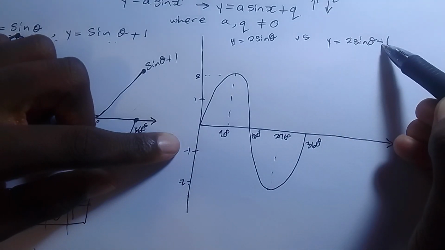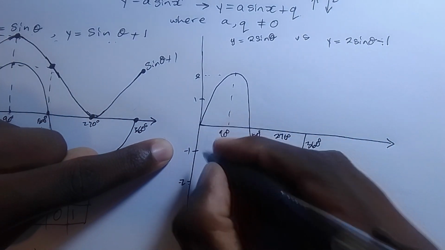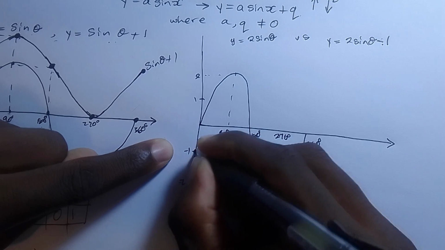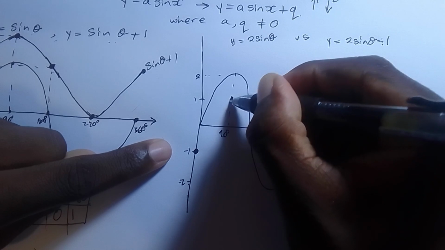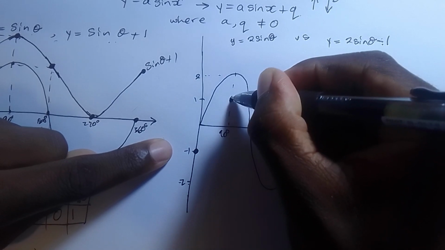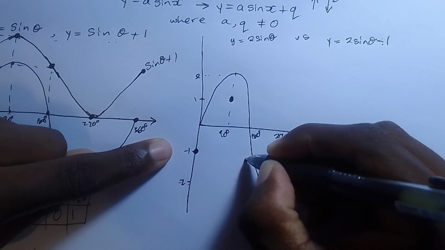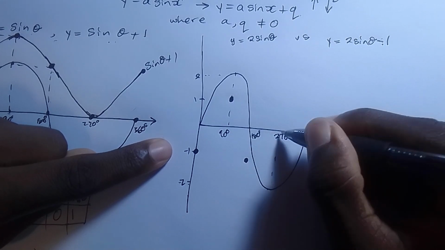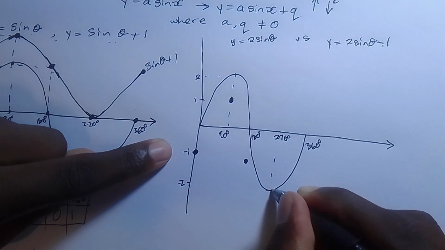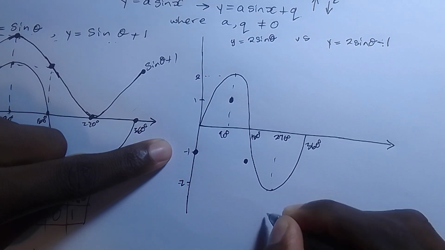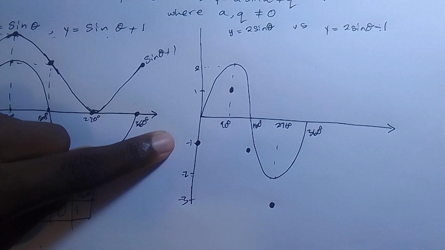-1 will shift this point 1 unit downwards, so this point will be here. -1 will shift this point 1 unit downwards, so it will move to here. -1 will shift this point 1 unit downwards, so it will be here. -1 will shift this point 1 unit downwards, so it will be here at -3.